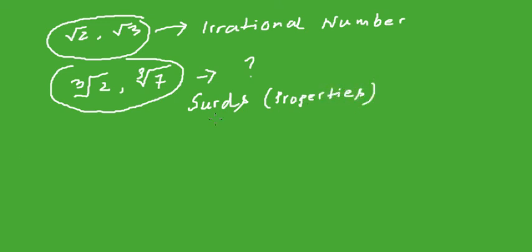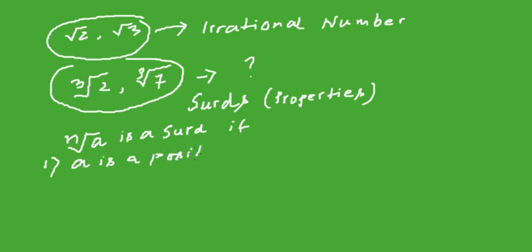There are a few properties about surds. What are the properties? Nth root of A is a surd if, 1. A is a positive rational number. 2.